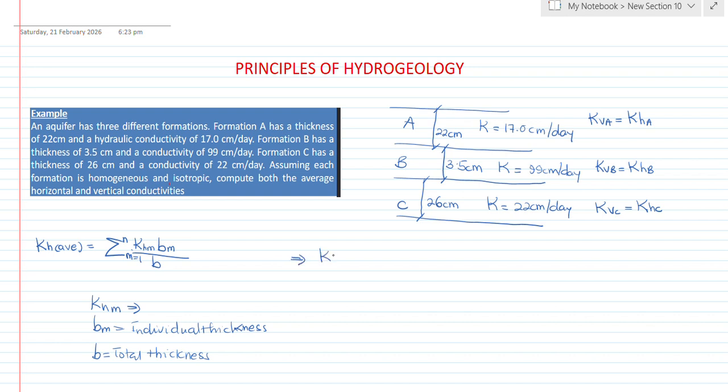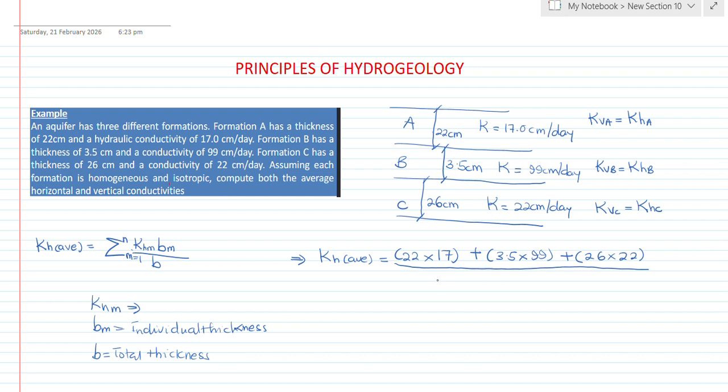So our K_H average is equal to the thickness multiplied by the hydraulic conductivity. That is going to be 22 times 17, the first one, plus the second layer, 3.5 times 99, plus the third layer, 26 times 22, divided by the total thickness.